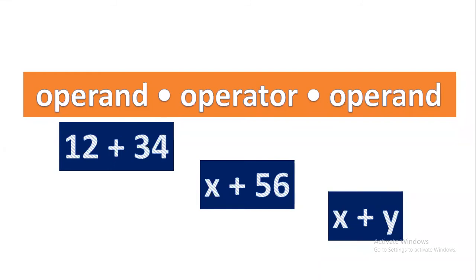X plus 56, this is another structure: operand, operator, operand. X is an operand, plus is the operator, 56 is your operand. X plus Y, similar to your algebra equations: X is an operand, the operator is plus, Y is another operand, whatever the value of X and Y. So, ganyan yung structure natin for operations.